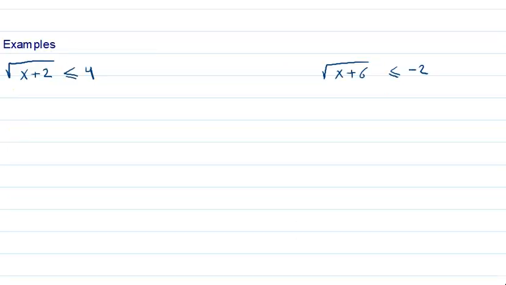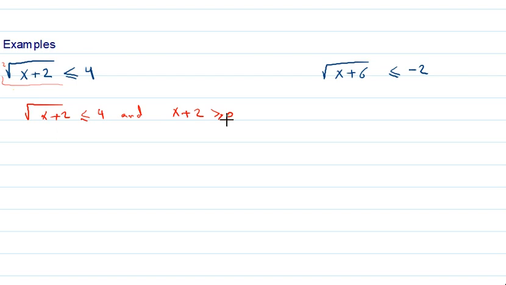The first example is the square root of x plus 2 is less than or equal to 4. This is a square root, so it's even, and we need to check that x plus 2 has to be greater than or equal to 0, which is what is inside the radical.